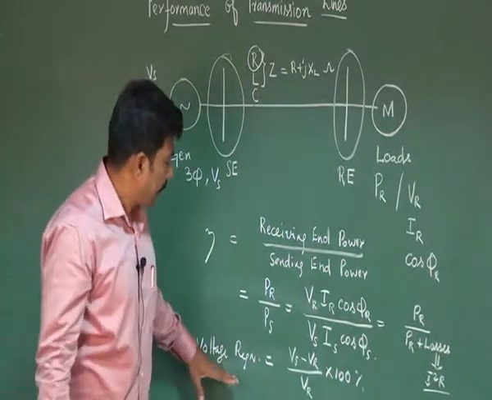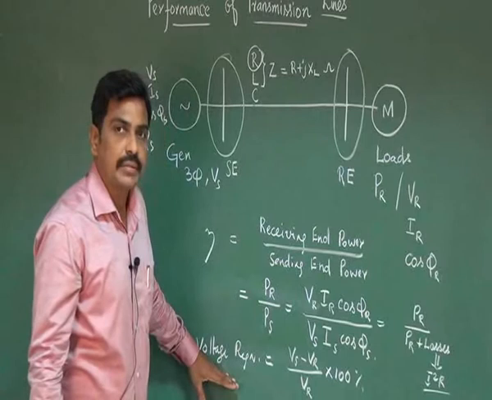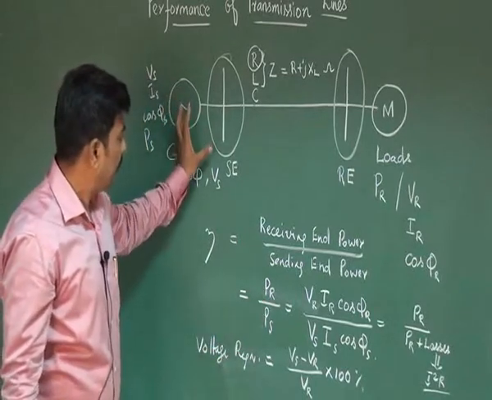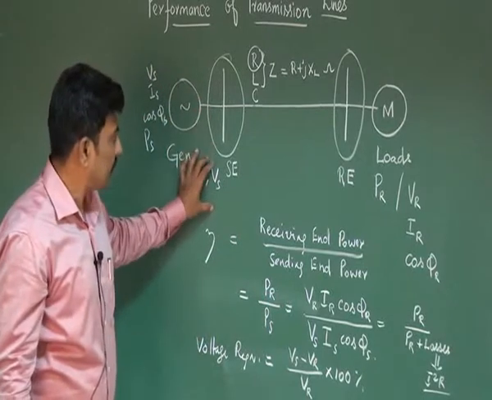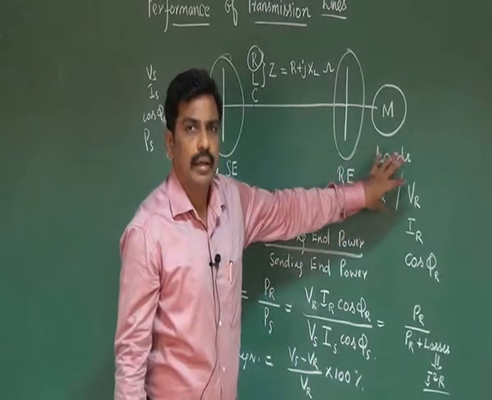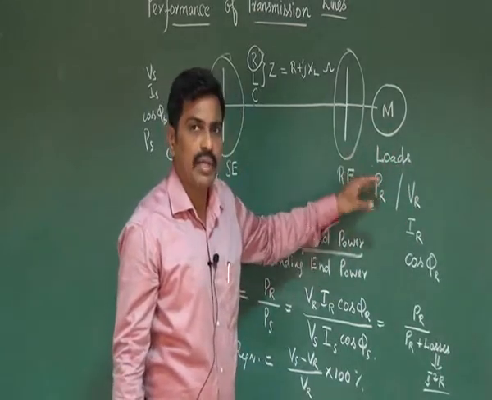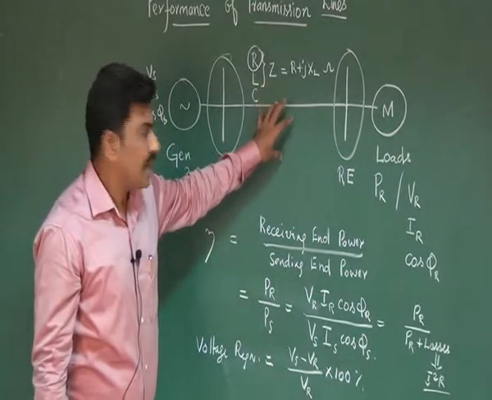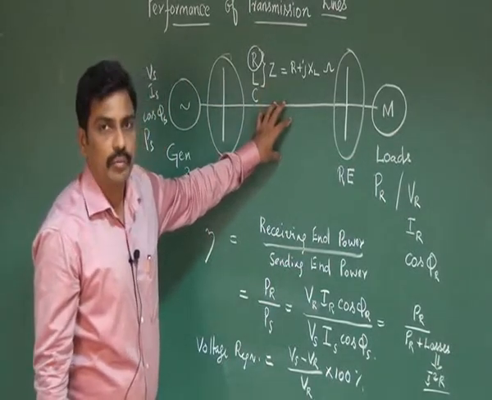Next one is voltage regulation. You see here, we generate power at a steady voltage, that is sending end voltage. We deliver power at some other level of voltage Vr. In between we have the transmission line, and the transmission line has some voltage drop.